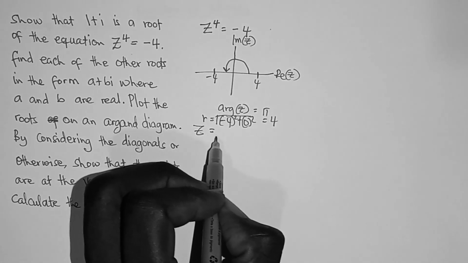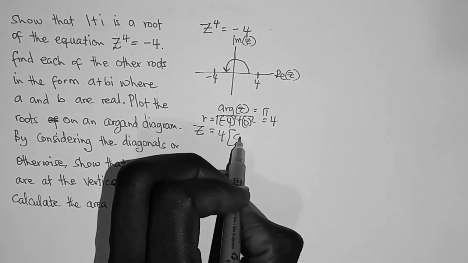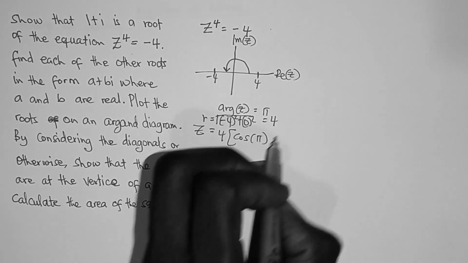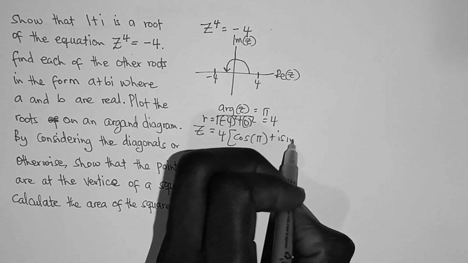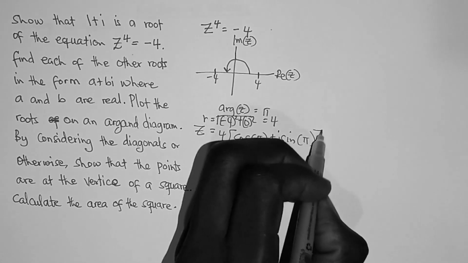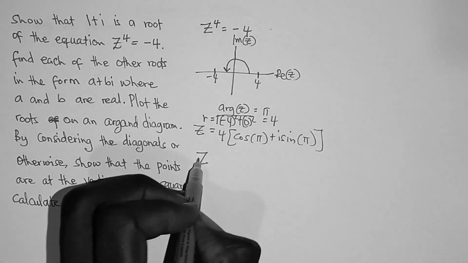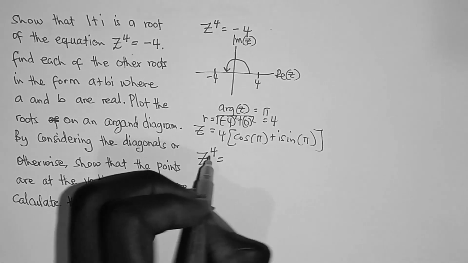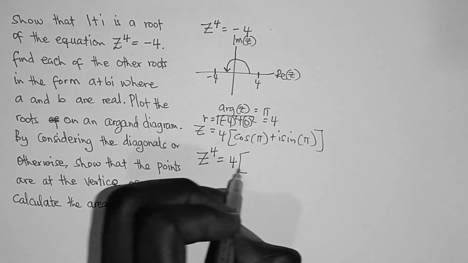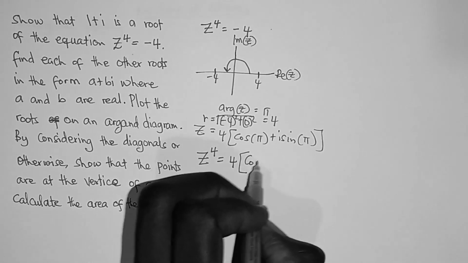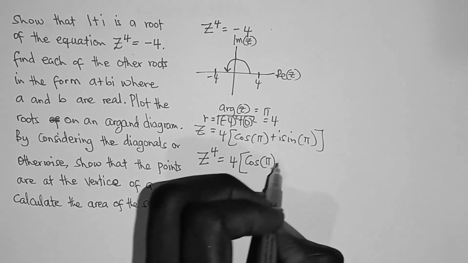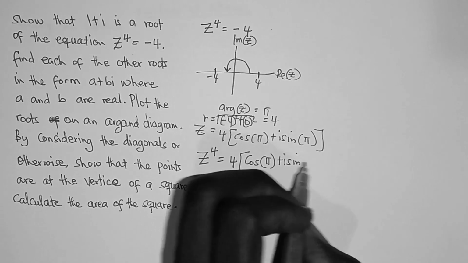So z is equal to 4 into bracket cos pi plus i sine pi, bracket close. So this implies that z exponent 4 is equal to 4 into bracket cos pi plus i sine pi.